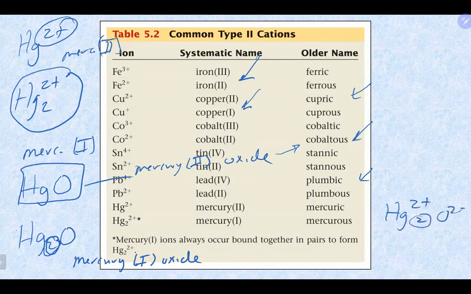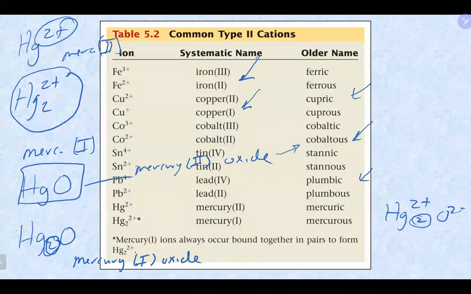So that extra 2 finds its way into the formula a lot of times with mercury 1. And that's how you can distinguish mercury 1 from mercury 2 a lot of times, because they both end up with the same overall charge of +2, but that extra 2 on the bottom gets you to the mercury 1 that's happening. Any questions on that there?